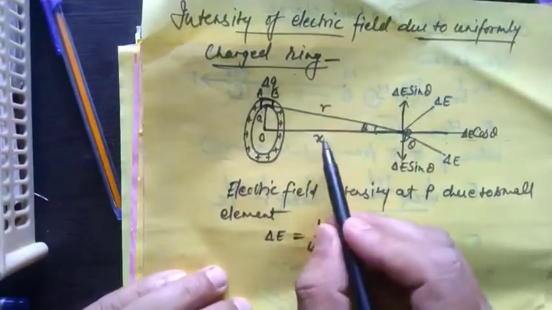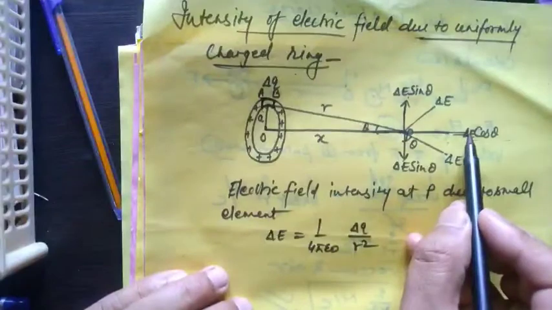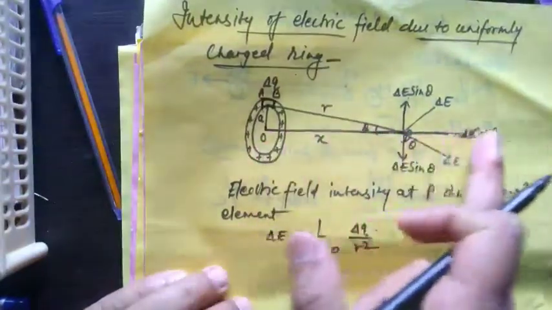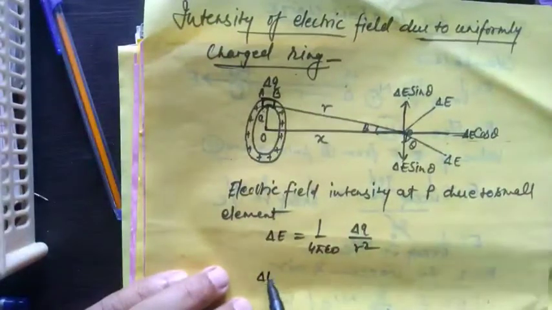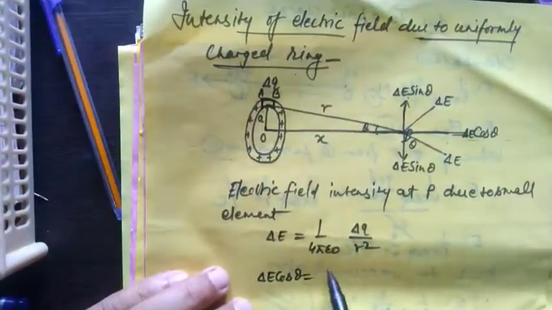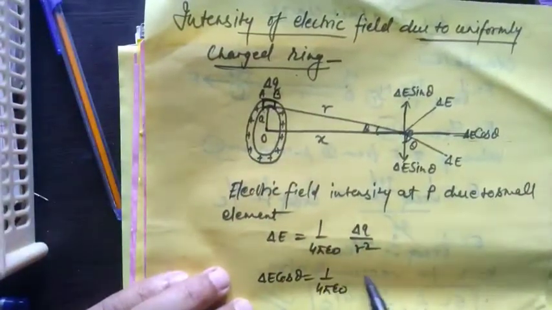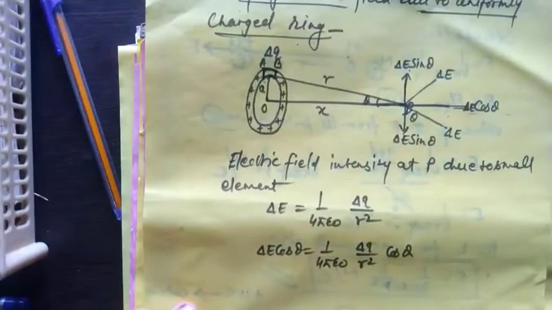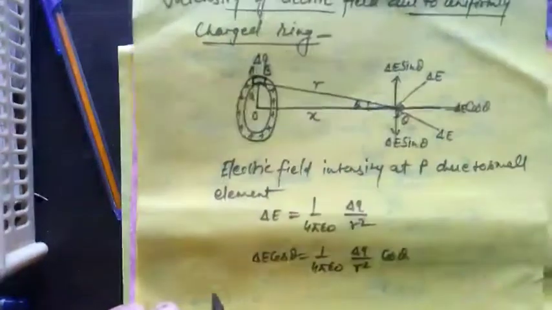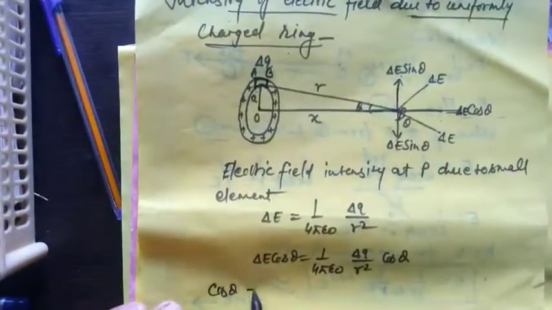In the direction of the electric field intensity, the horizontal component is this, and from the figure we can easily find the cos theta value.